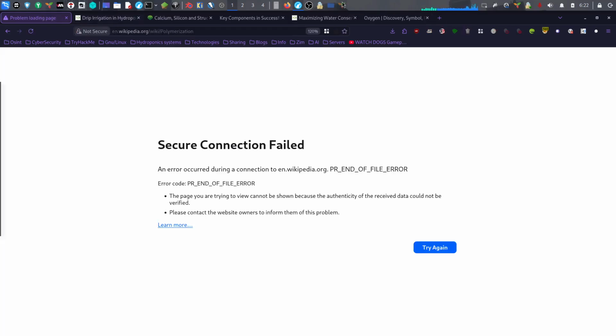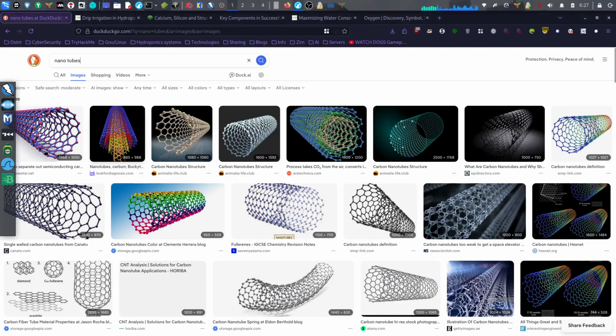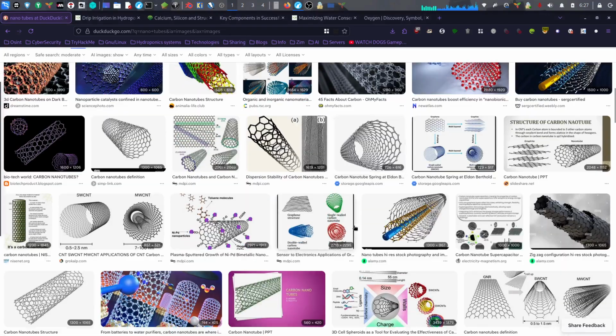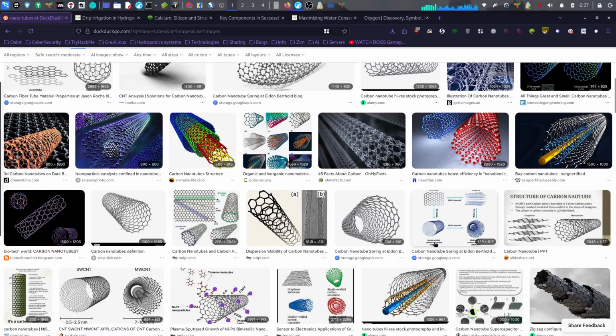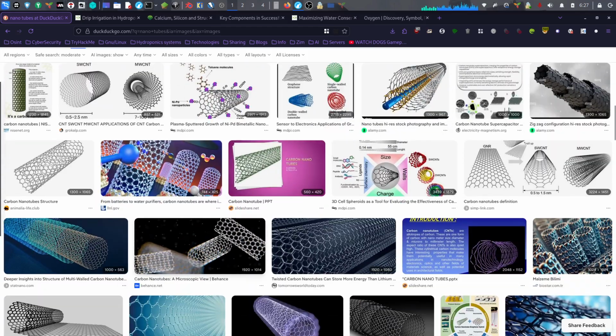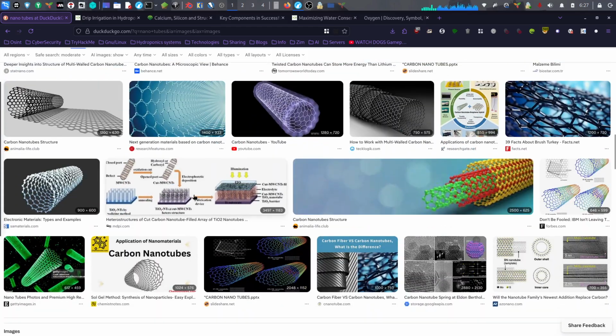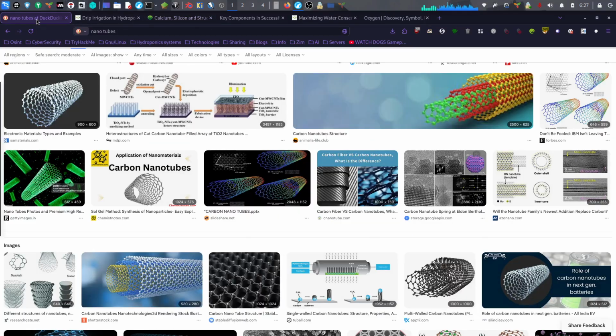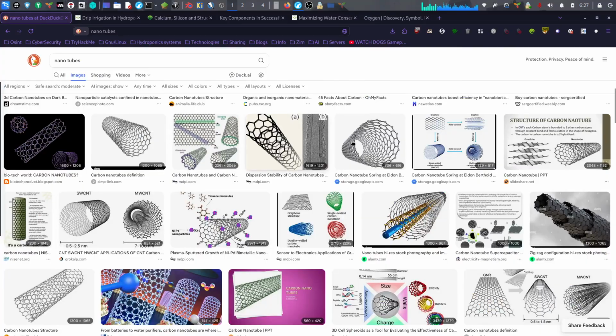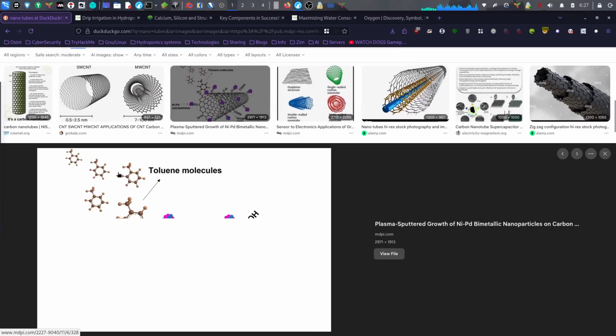Let's check the internet. See that structure? I think plant structures are like these nanotubes. This is a carbon nanotube. In reality, this can be different, but I think this part, like these tubes, is made from molecules.